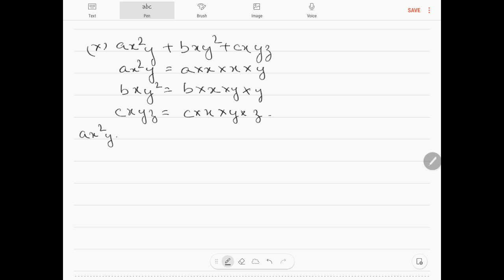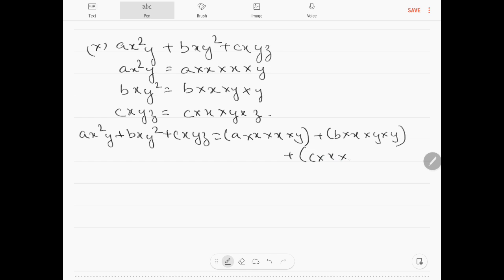a x squared y plus b x y squared plus c x y z is equal to a into x into x into y plus b into x into y into y plus c into x into y into z.